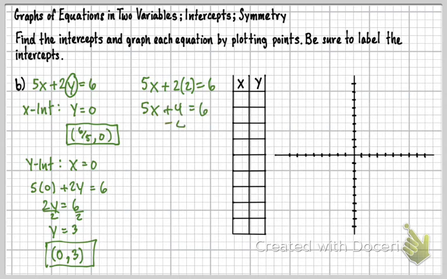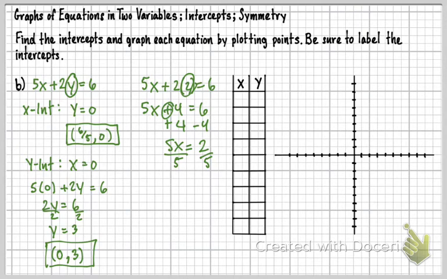Then if I subtract 4, I get 5x equals 2, which when I divide by 5, it's not going to go into 2 evenly. So that tells me that's not a good number to pick. Now notice I subtracted 4 here. So think about this: if this could be a minus and I add 4, now I get a multiple of 10. That's the idea of what I'm looking for here.